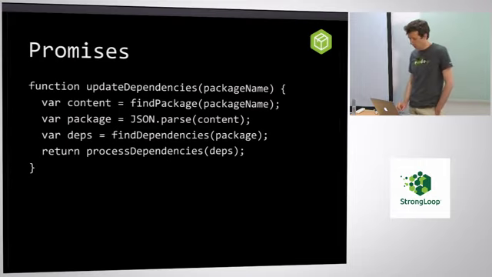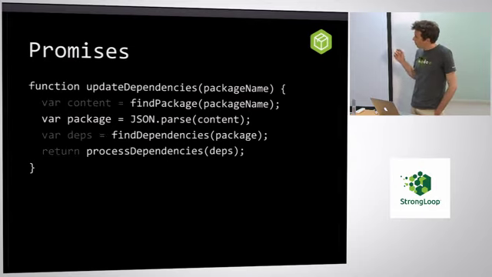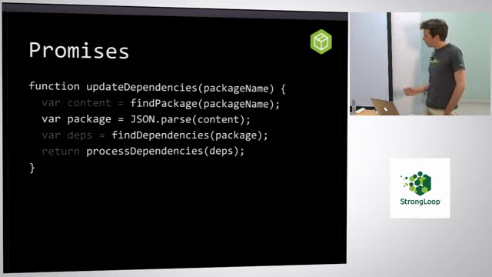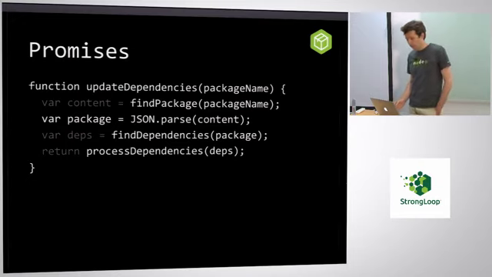If we were going to rewrite this using promises, instead of returning values, we're going to have to return promises in this case. And so what we could do is, using the .then API, we can chain and rewrite our synchronous function in an asynchronous way, assuming that each of our functions returns a promise.